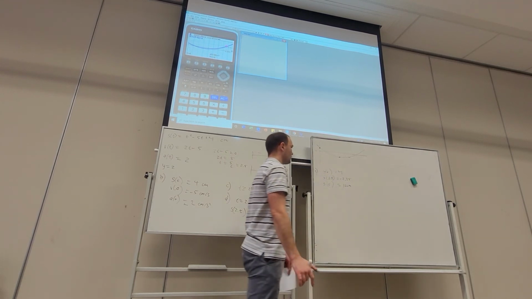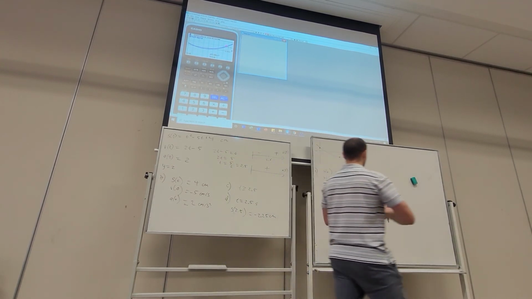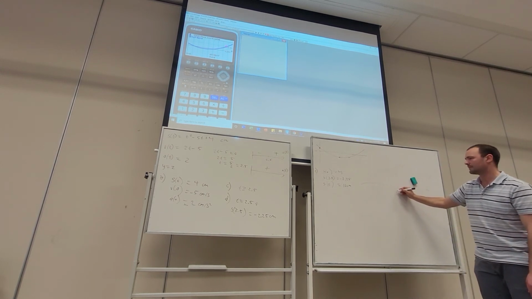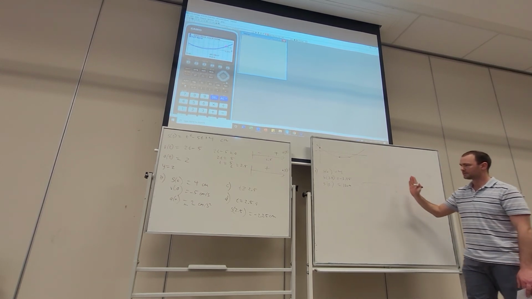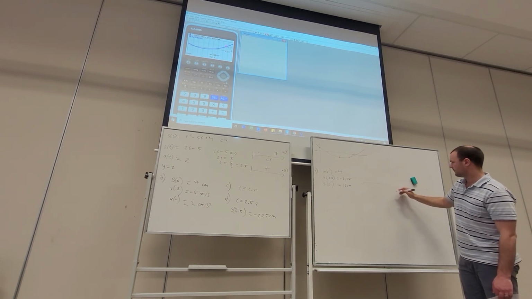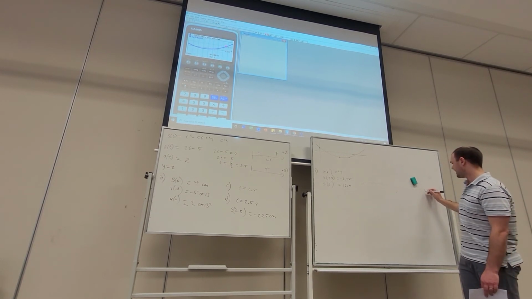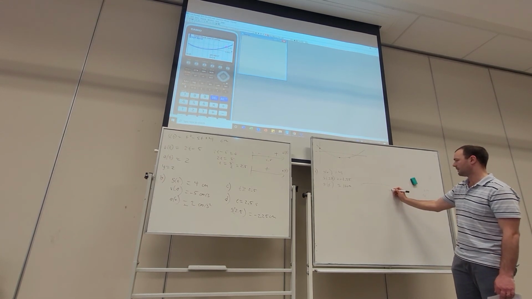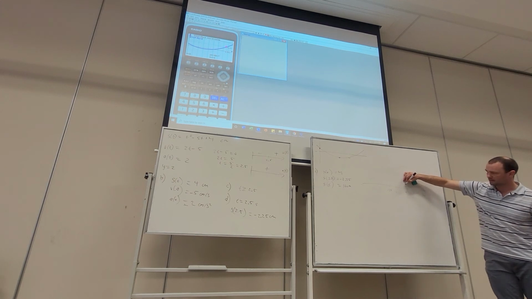Okay, so if we're going to draw that on a motion diagram, remember a motion diagram is an axis. Here we've got time is 0. It moves 2.25 centimeters to the left. So what do we need? We need 10, we need 4, and we need minus 2.25. Okay, this is where it starts.